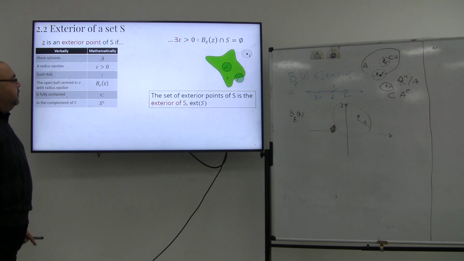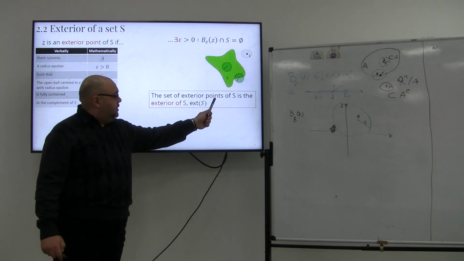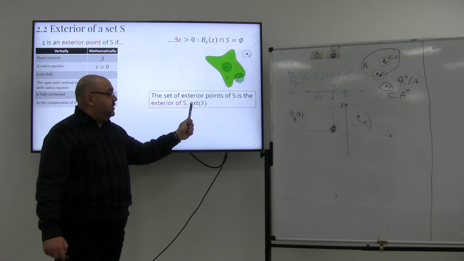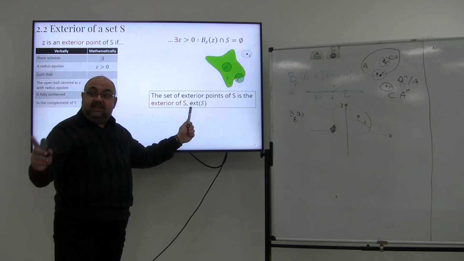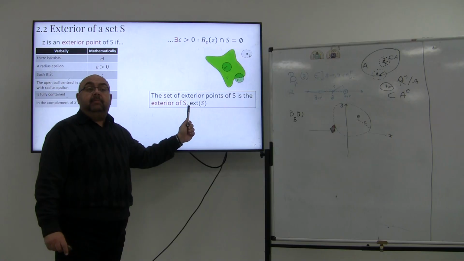Okay, the set of exterior points of S is the exterior of S. Be careful, the exterior of S is the interior of what?